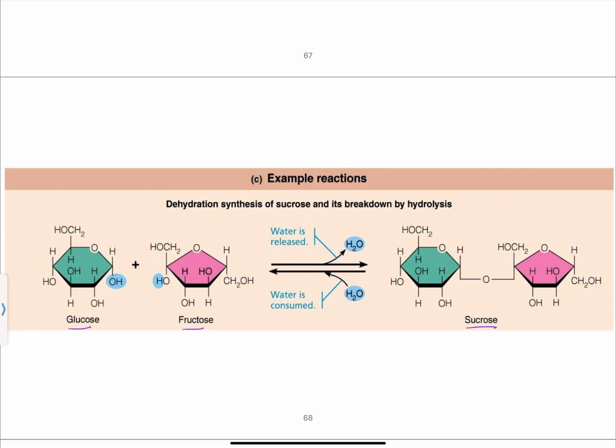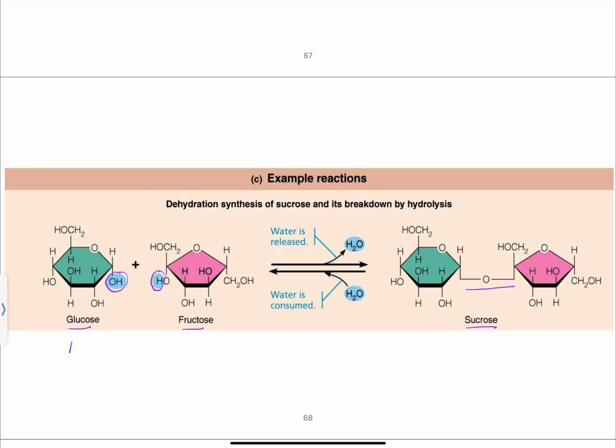So one of the monomers is going to lose a hydroxyl group, and the other monomer is going to lose a hydrogen group. This collectively is H2O or water. And these 2 things have to be removed from the monomers in order to create the bond to link them together. So now you can see we have a bond right here between those 2 monomers. Again, this is showing you 2 monosaccharides.